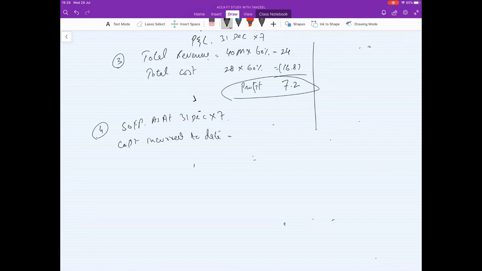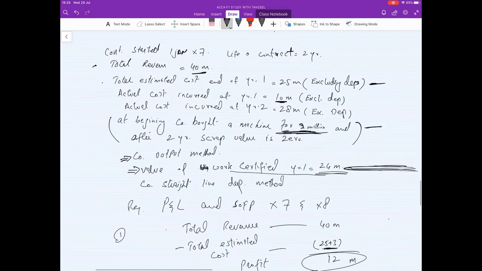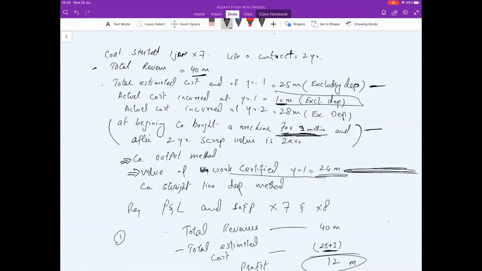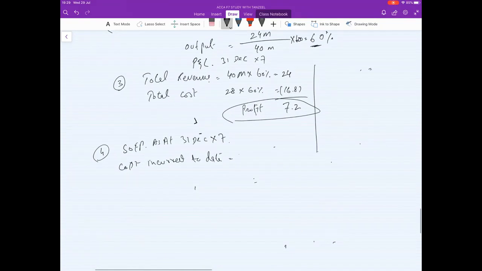How much cost has already been done? See, I'll show you. 10 million. 10 million cost has been done till the first year. We need to take the depreciation effect as well.